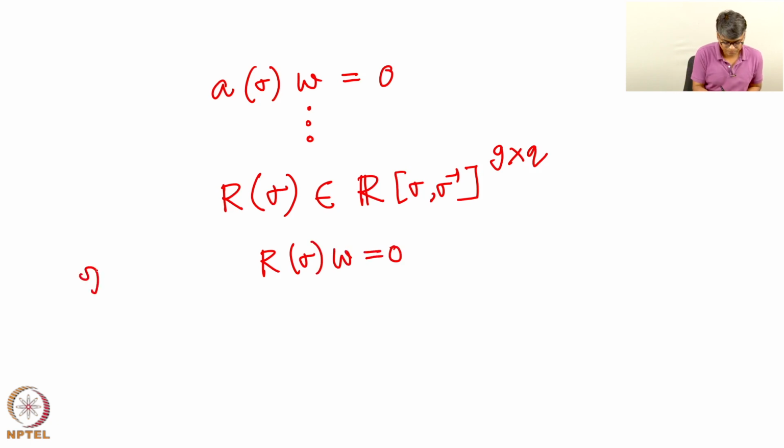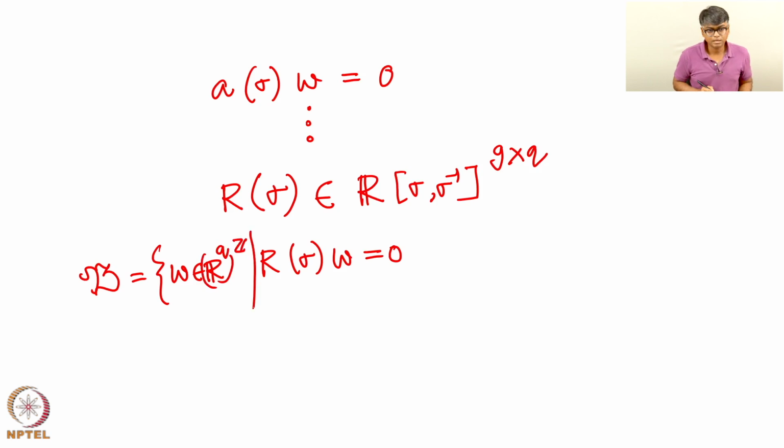And the behavior will be the collection of all those w's which are sequences, Q tuples indexed by Z, which satisfy this equation. These are ordinary difference equations with constant real coefficients.